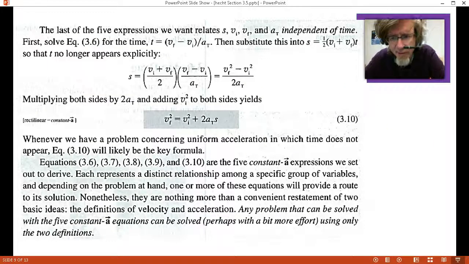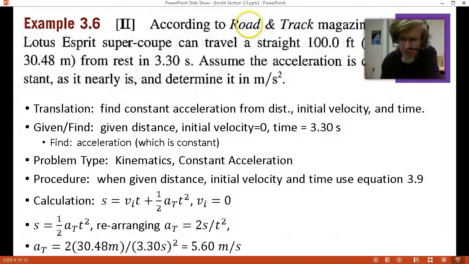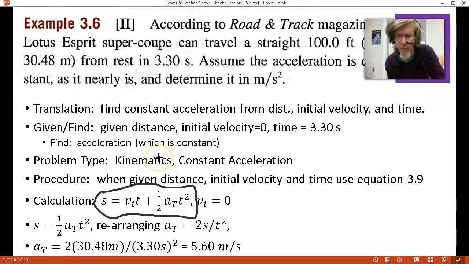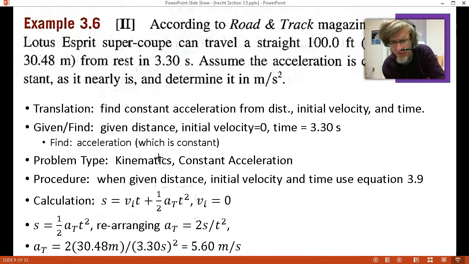Final bit of derivation for this chapter. What you've got is the previous equation. You've got s in terms of distance, in terms of velocity, acceleration, and time. What you might like to do is replace acceleration, or remove time from the equation.